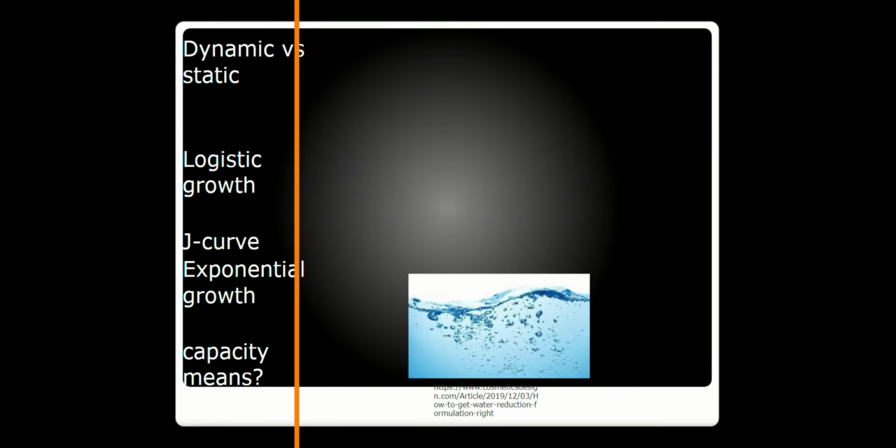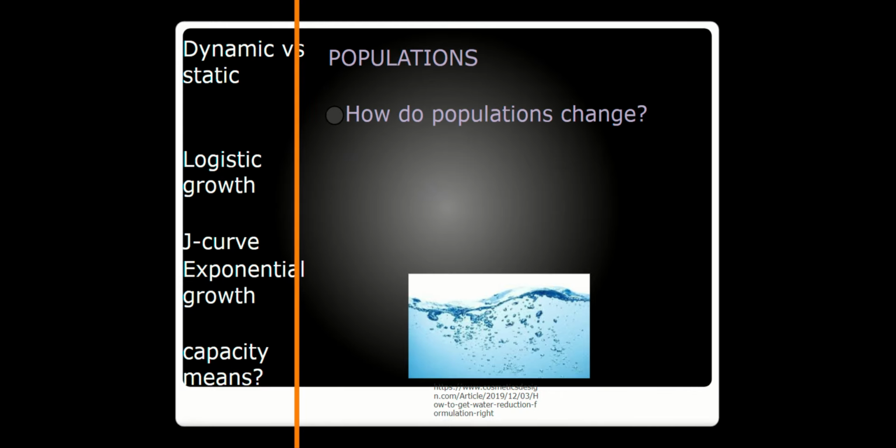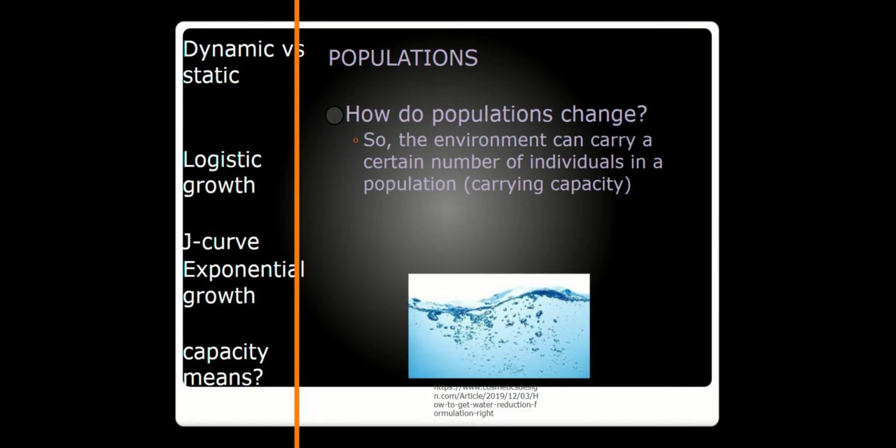The capacity is how much. And a carrying capacity is how many individuals that a population can hold. How many individuals that the environment can hold from a population. Let me review that. So the environment can carry a certain number of individuals in a population.